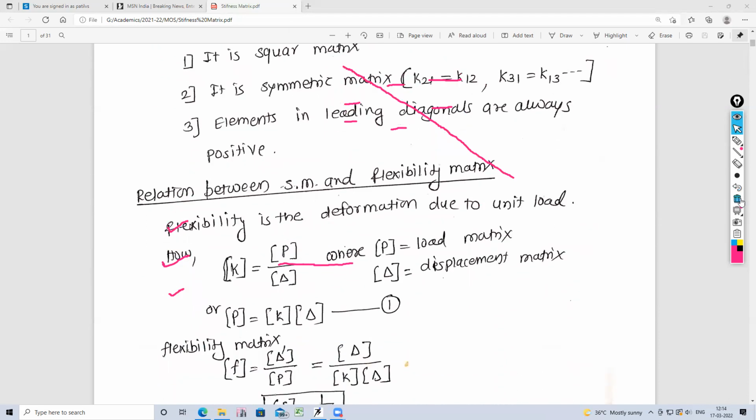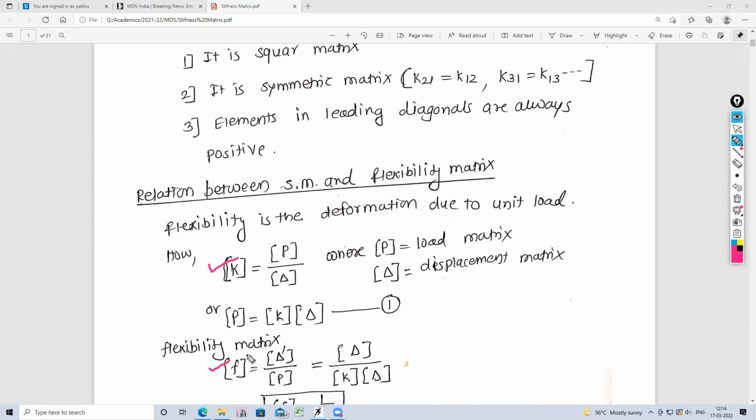Then the similar term that is exactly opposite to stiffness is flexibility. Stiffness is the load required to produce a unit deformation, while the reciprocal of this is flexibility.